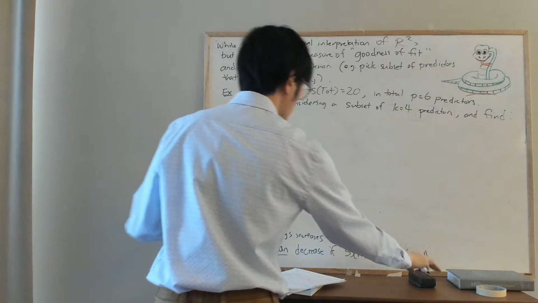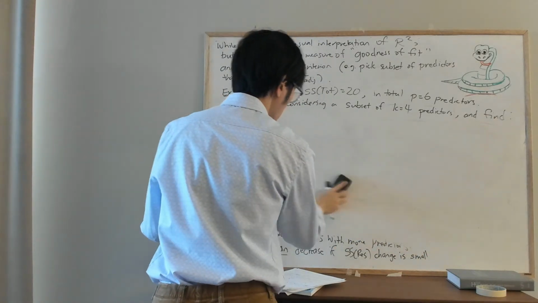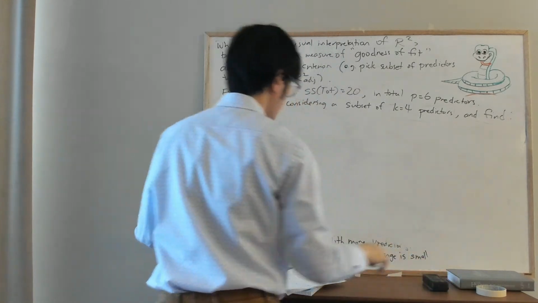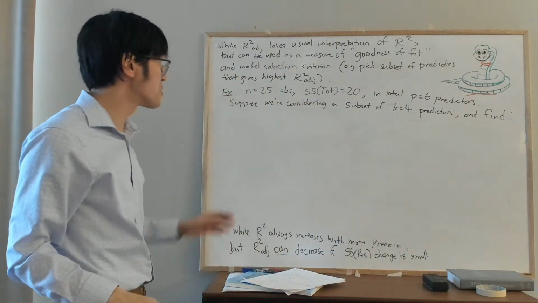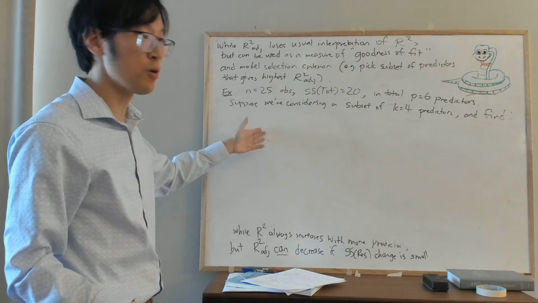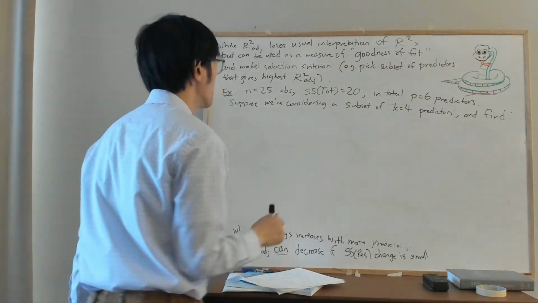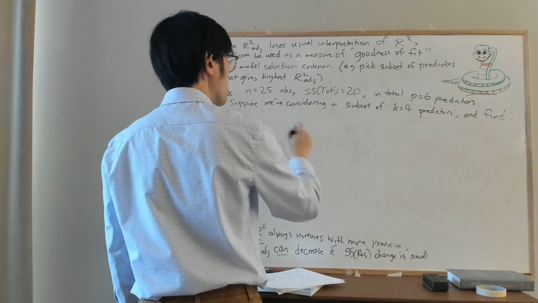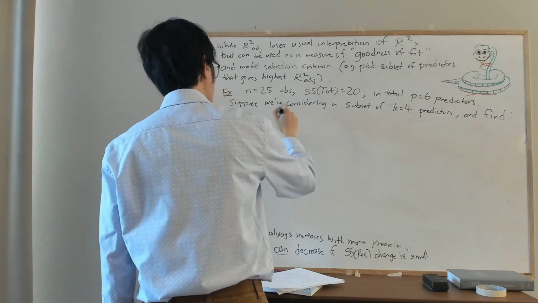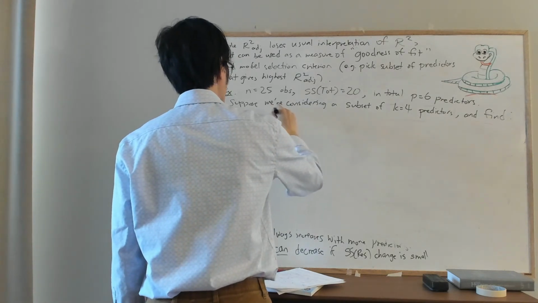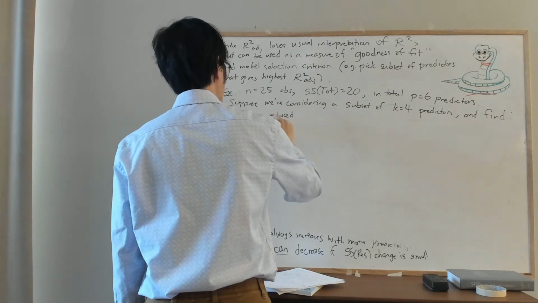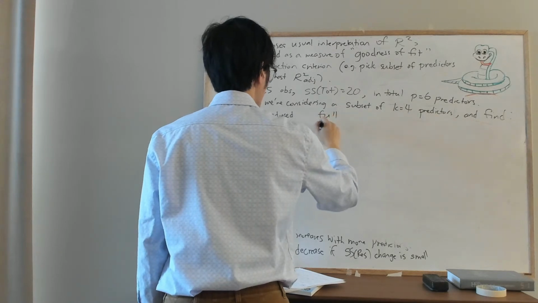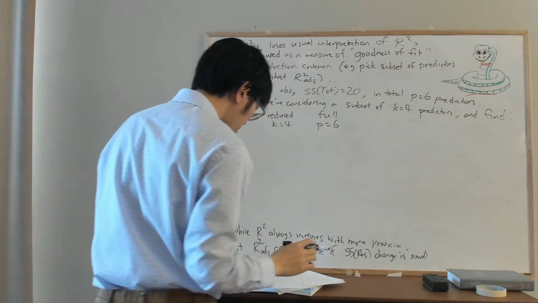Okay, so I'm just going to show some numbers so that you can see how the R squared adjusted behaves and the R squared behaves, and ultimately how the residual variance behaves. Let's make a table here. Here is the reduced model where you have k equals 4 predictors, and then the so-called full model where you have 6.